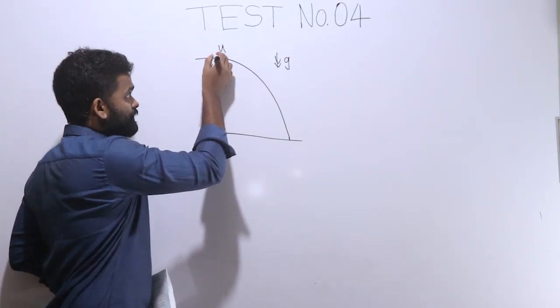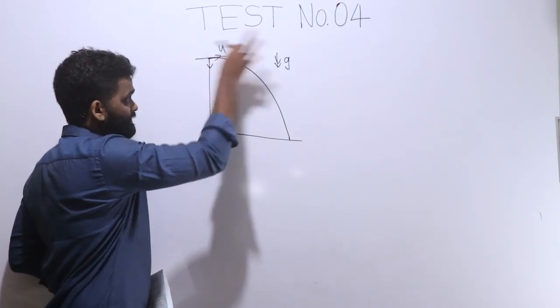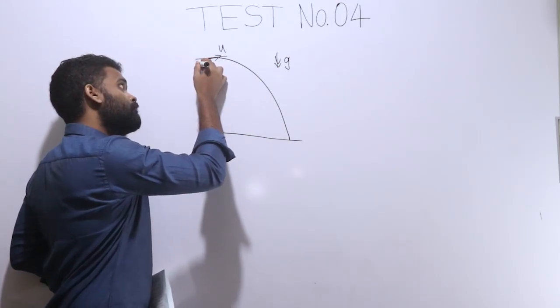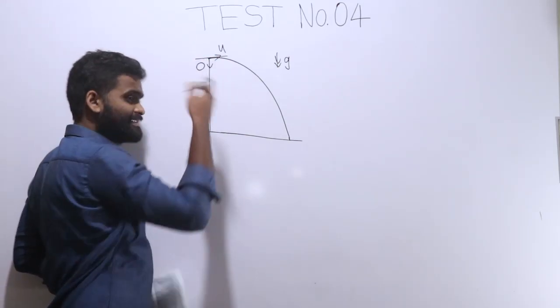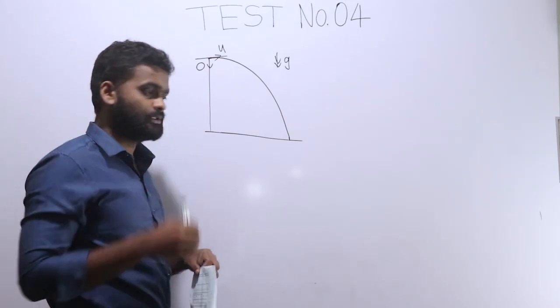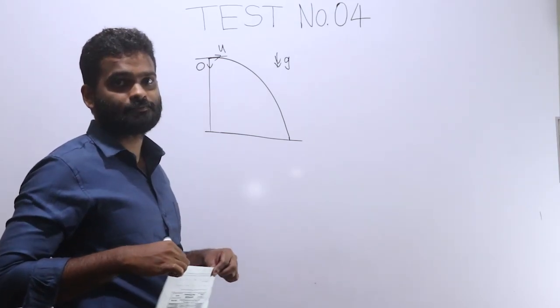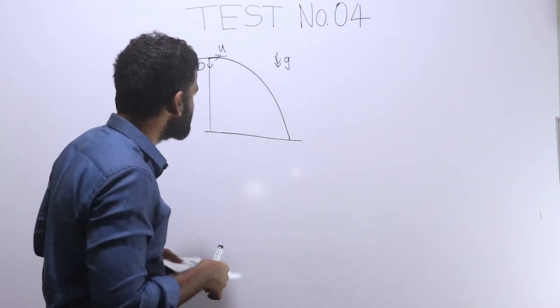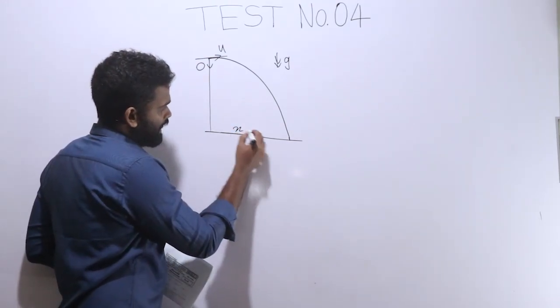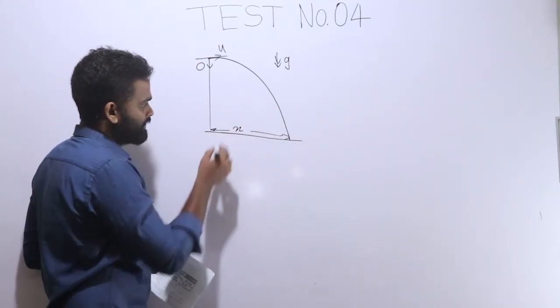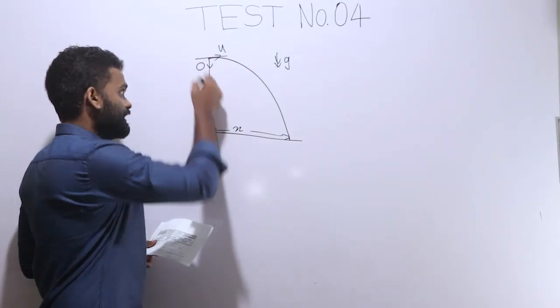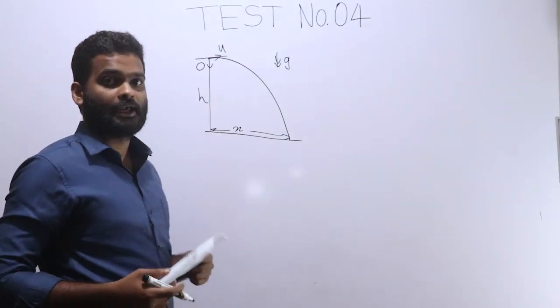Initial velocity: it only has a horizontal initial velocity. The vertical component downwards is actually zero. Right? There's no initial vertical component. It is zero. So they are asking for this distance, simply x. Then this height is given as simply h.